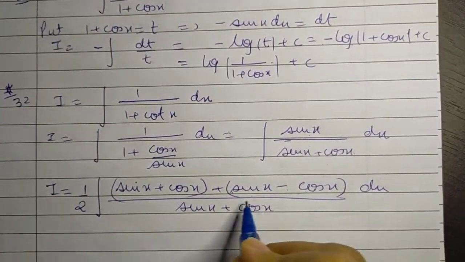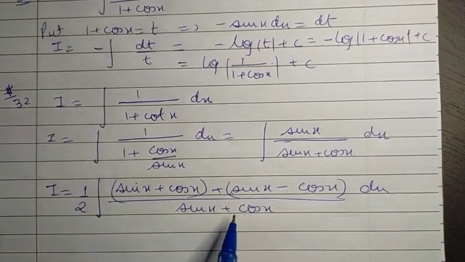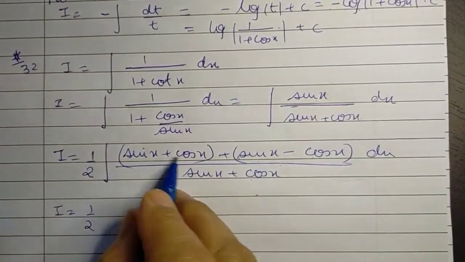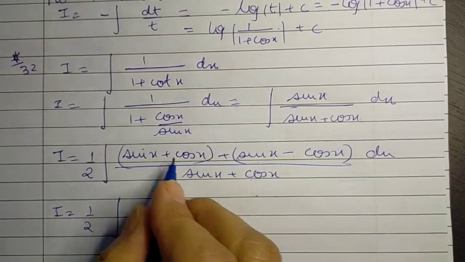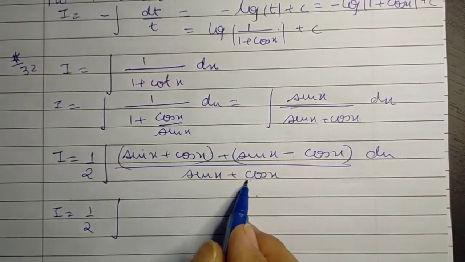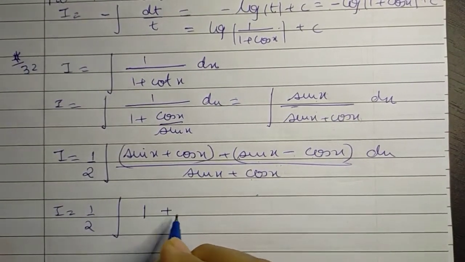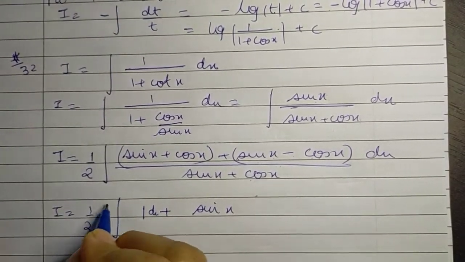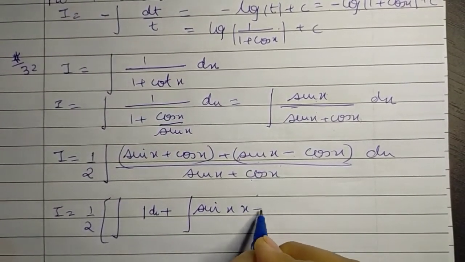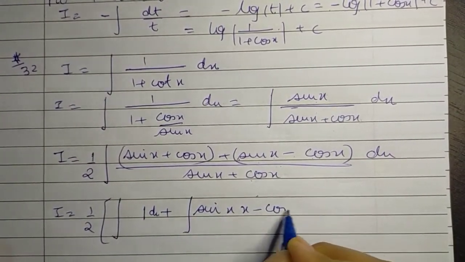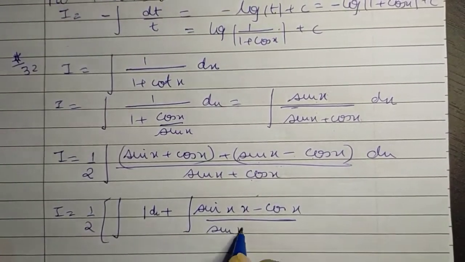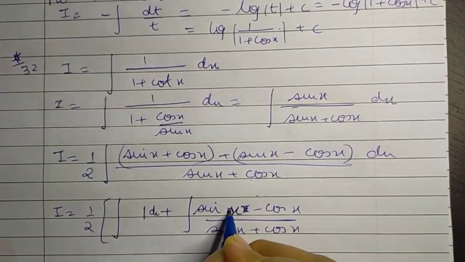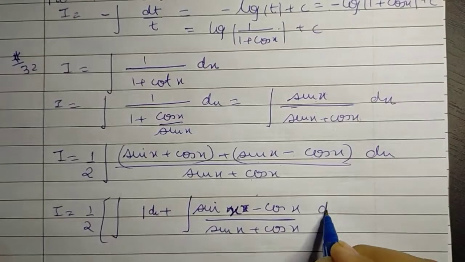Now what is the benefit of doing it this way? See, now just observe carefully. You can split the numerator. One term would be sin x plus cos x over sin x plus cos x, which is 1, plus the integral of sin x minus cos x over sin x plus cos x, into dx.